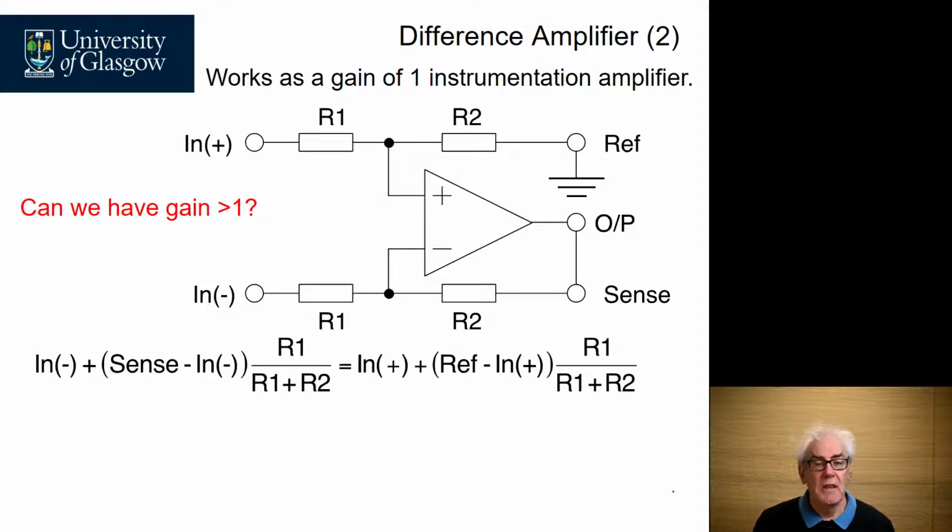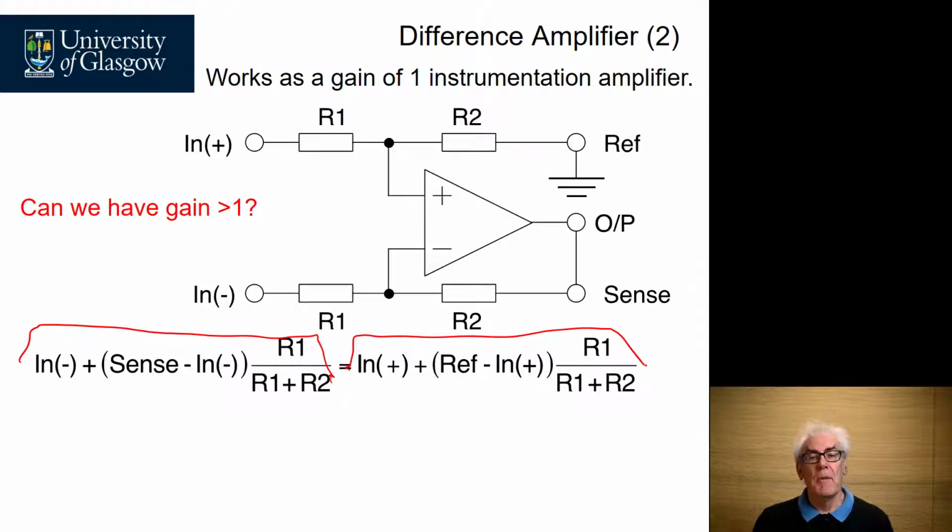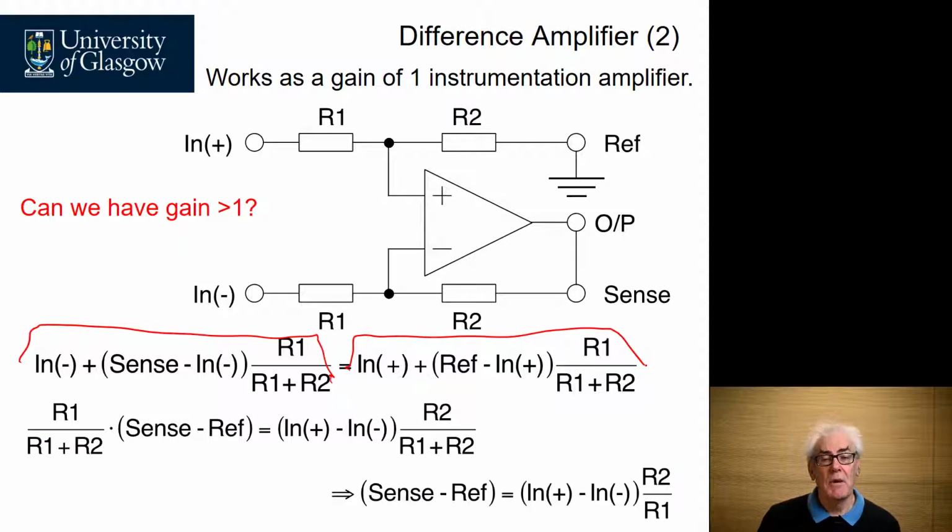Doing a similar analysis as before, we calculate the signals at both inputs and make them equal because it's a perfect op-amp. That lands us with a difference amplifier with a gain greater than 1, and the gain is equal to R2 divided by R1, which is very similar to the equation for an inverting op-amp.